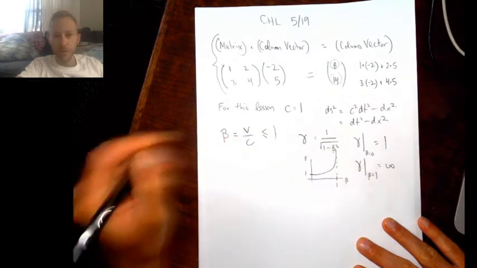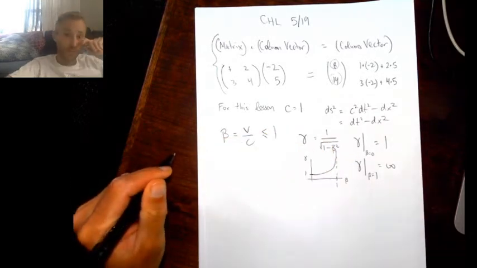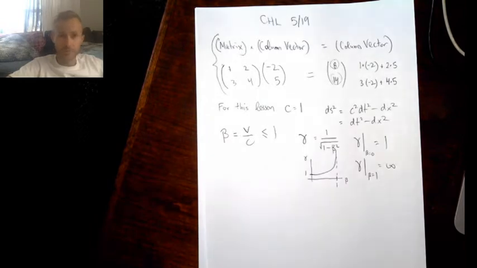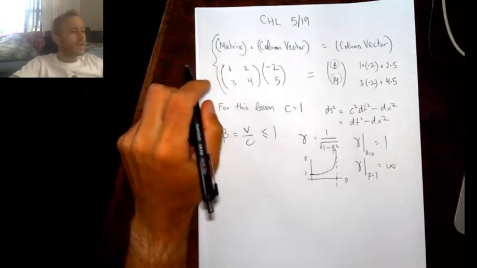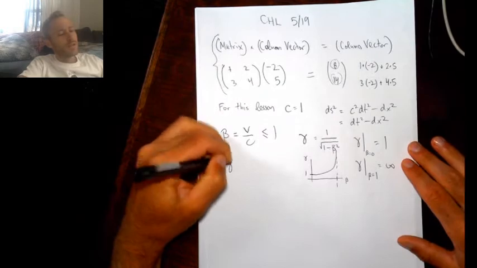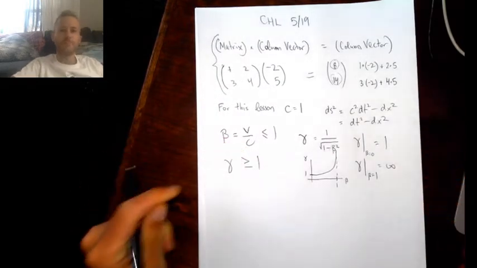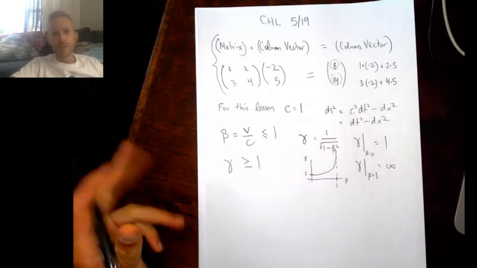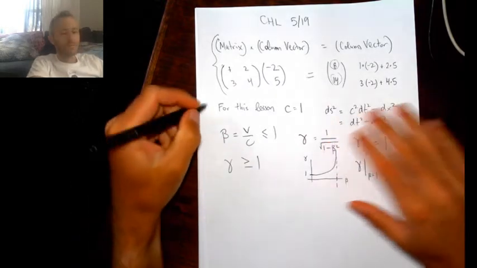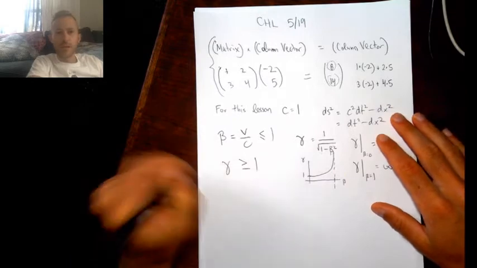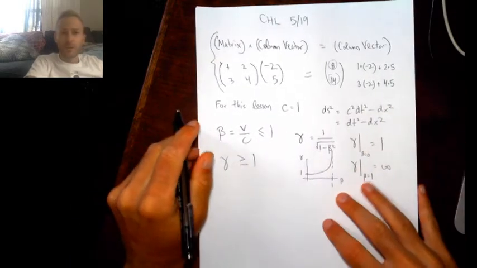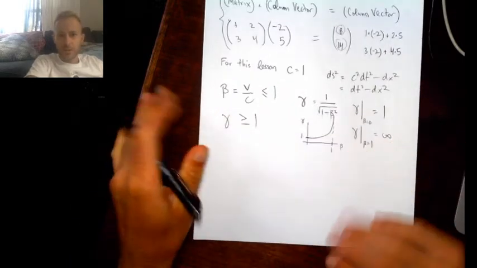And it's not even defined for beta larger than 1. So what we have is that gamma is always larger than or equal to 1. So these are just some definitions that are used all the time in relativity.